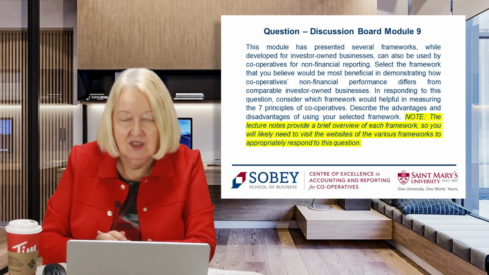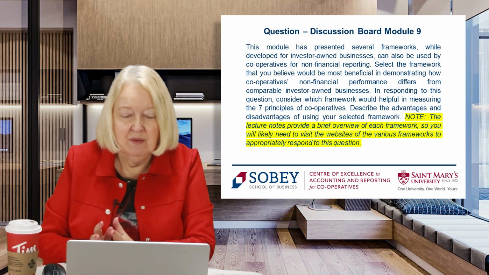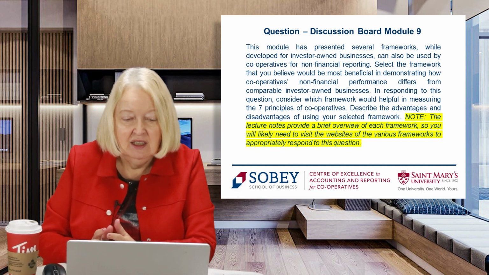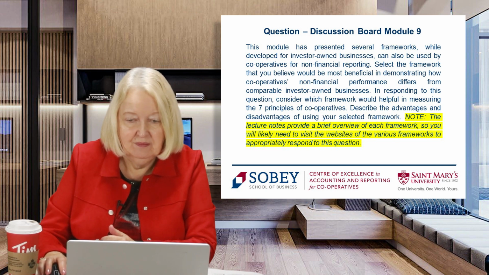In responding to this question, consider which framework would be helpful in measuring the 7 principles. Describe the advantages and disadvantages of your selected framework. So just note here that lecture notes provide just a brief overview of each framework, so you might need to visit their websites to appropriately respond to this question. And that concludes Module 9.